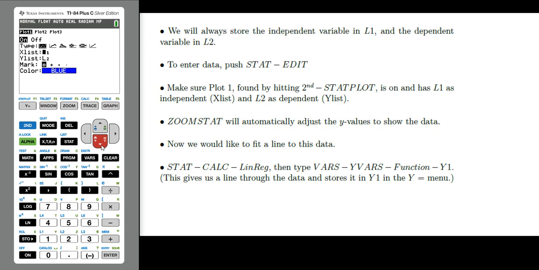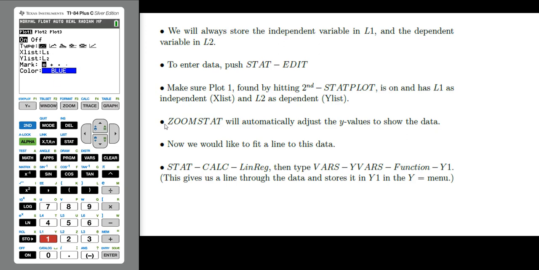If it wasn't, let's say it was blank or you had something else in there, then the way you do that is do the second function of the number 1 to get list 1. So I'd go second list 1, and you can see down here all these different lists are just the second functions of their respective number. So make sure it looks like that.